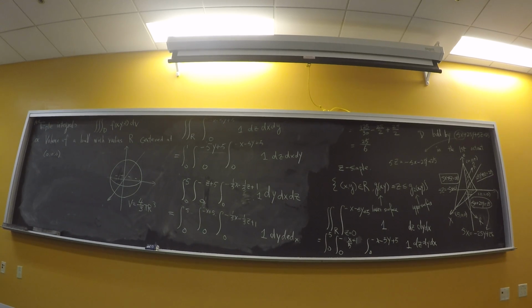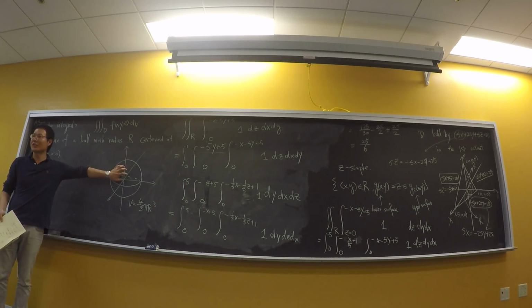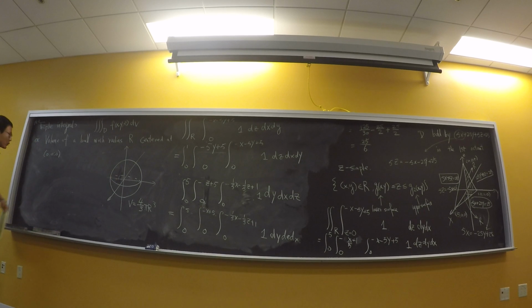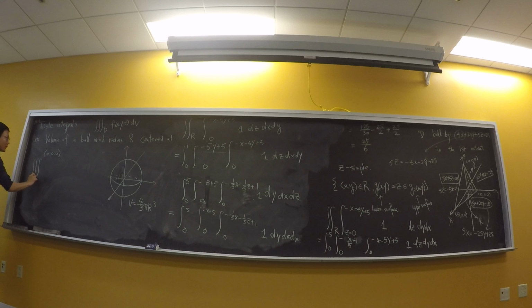So first of all, we already had the formula in order to compute the volume of a solid region in R3. No brainer, I want to write down a triple integral over this region D, identified as the solid ball, integrating the function 1. So that is going to be my volume.